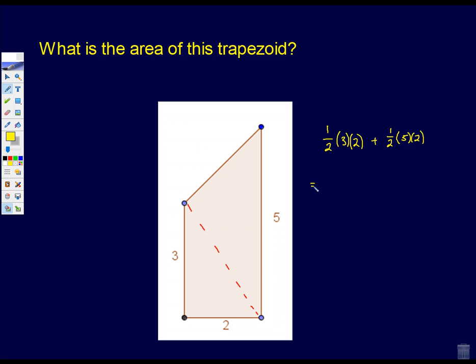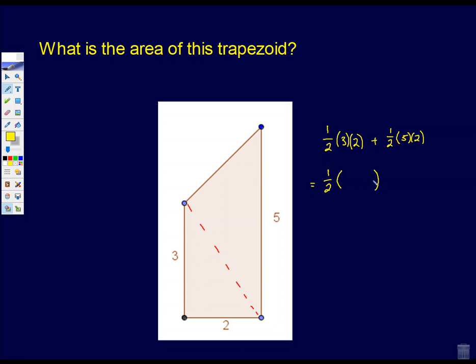Now, if all we wanted was the answer, we'd go ahead and compute this. But I would like to instead examine this a little closer and see another way to rearrange this expression. Notice that both terms have the 1/2 because it's in the formula for a triangle. And both these triangles had the same distance from side to side. They both had the 2. And so I would like to cleverly remove 1/2 as a common factor and put it on the right.